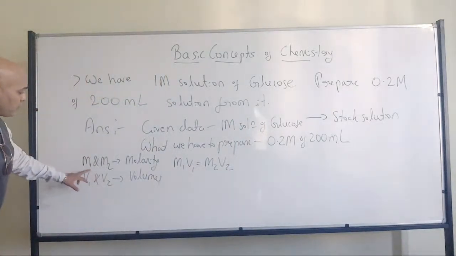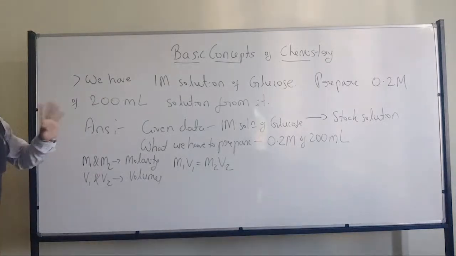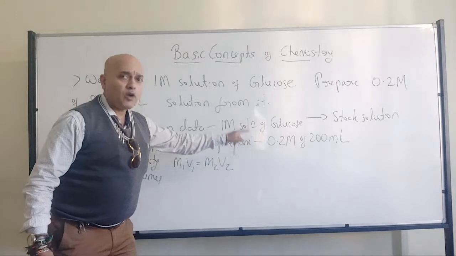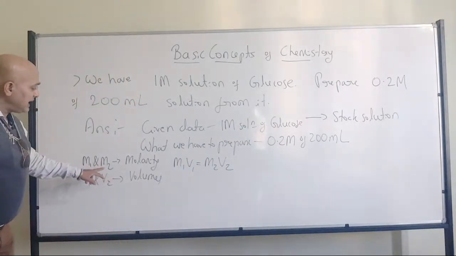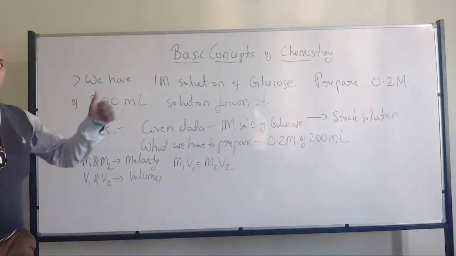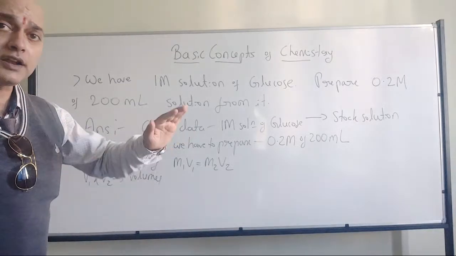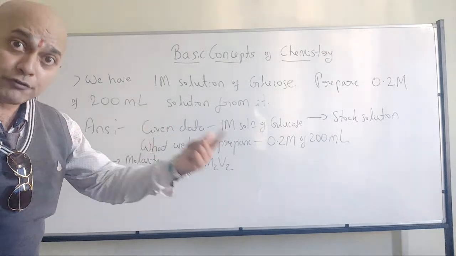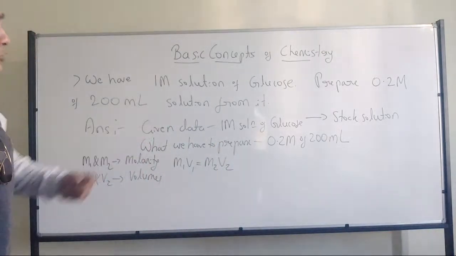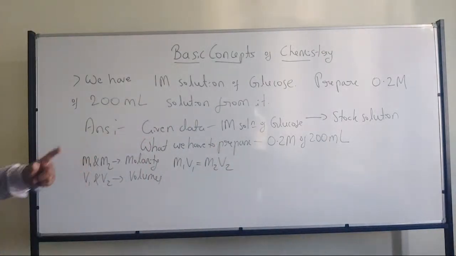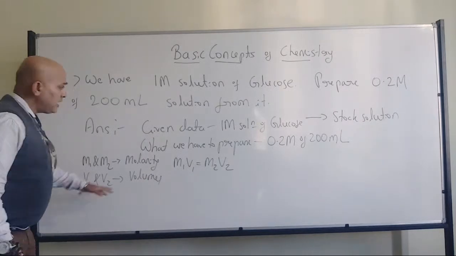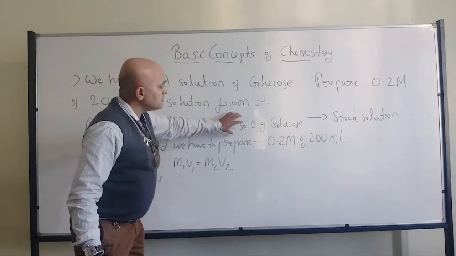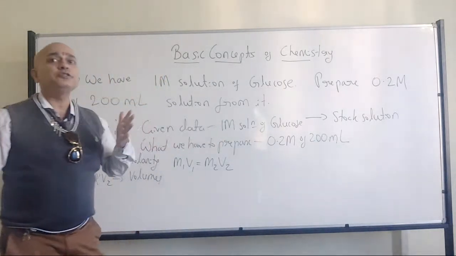So I have 1 molar glucose solution. I know one of the molarities, that is 1 molar. I have to prepare 0.2 molar, so I know the other molarity also. One molarity is 1 molar of stock solution, and the other is related to what I have to prepare, that is 0.2 molar. One volume I know, that is 200 ml I have to prepare, but how much I should take from this stock solution I don't know.